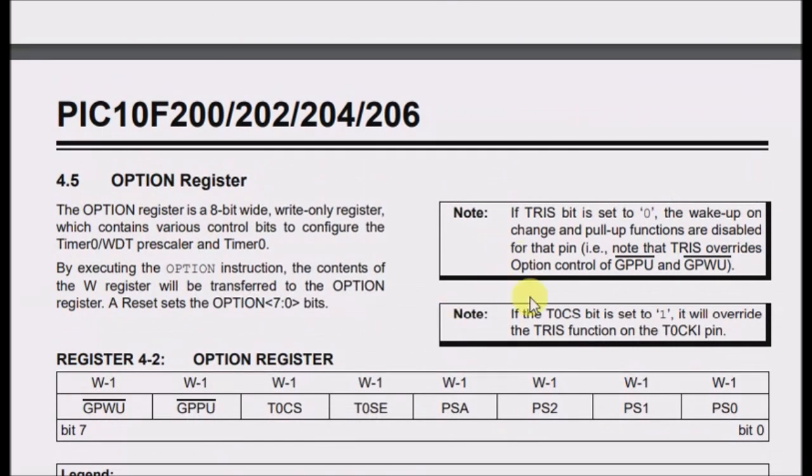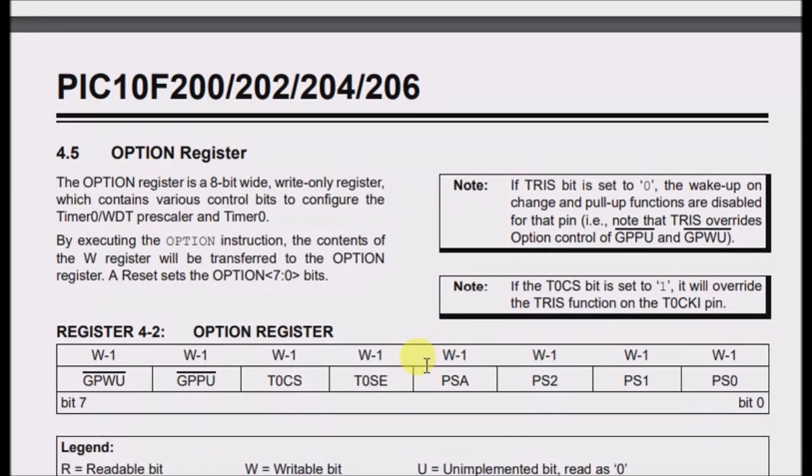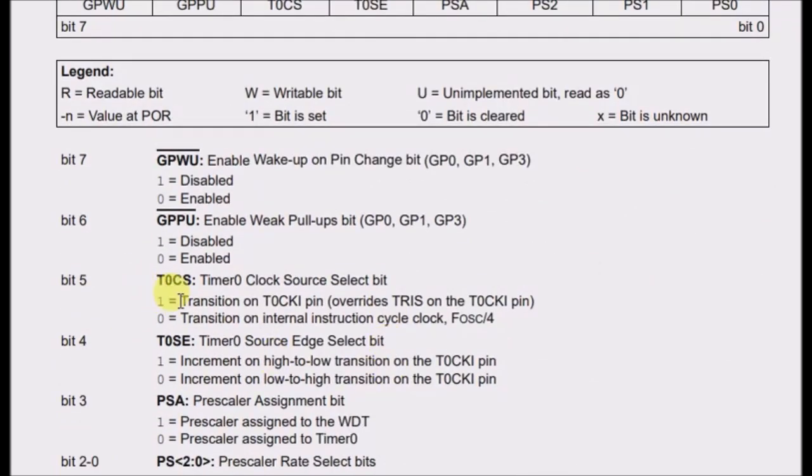I'm not designing a commercial product. So now we're talking about the option register still, and there's a note: if the T0CS bit is set to 1, it will override the TRIS function on the T0CKI pin. So I better look at the T0CS bit, which is bit 5, timer 0 clock source bit.